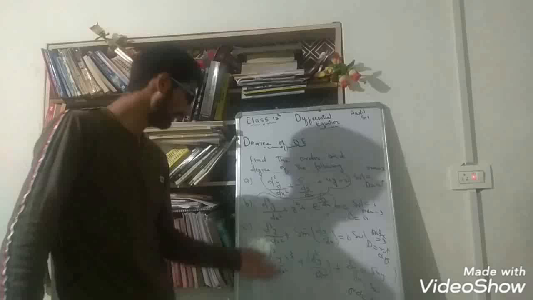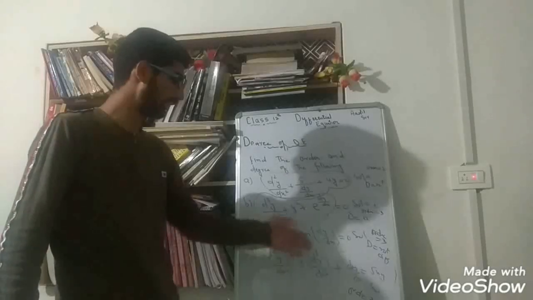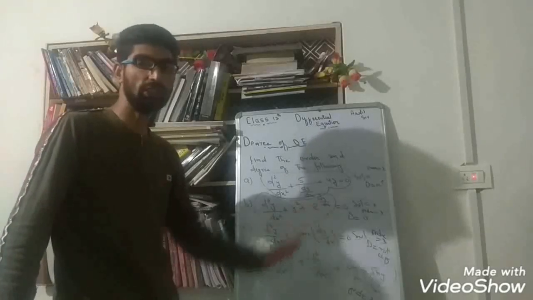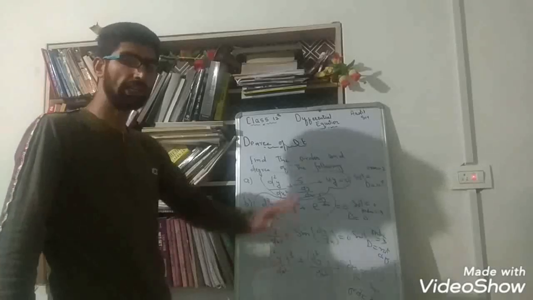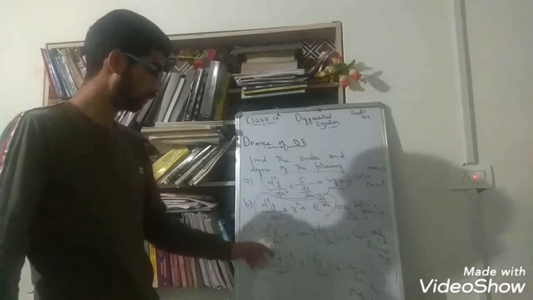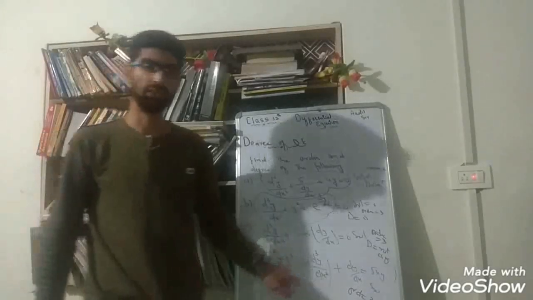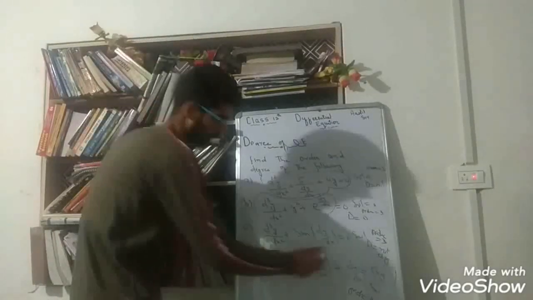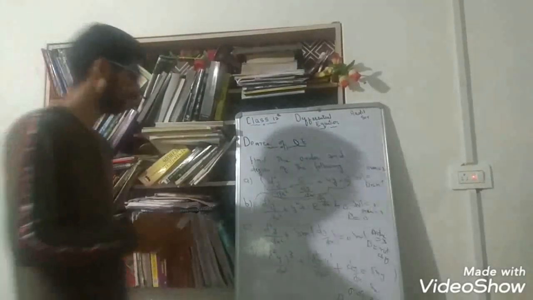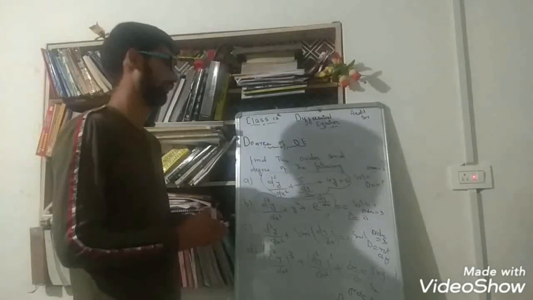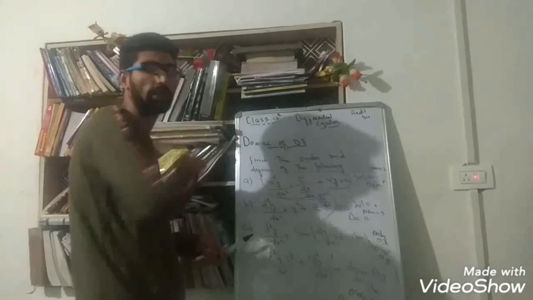So this is clearly polynomial in terms of dy by dx. What is now the degree? The degree is the highest power of the highest order derivative. What is the highest order derivative? That is this. What is its power? That is 1. So its degree is now 1. So this is our today's concern. We have done enough for order and degree.